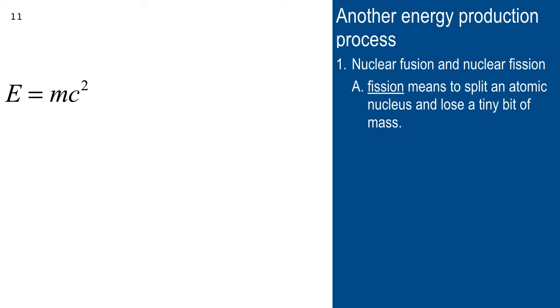So nuclear fission means you split an atomic nucleus like uranium, and when you do that, you break it apart into other pieces, and the mass of all those pieces is slightly less than the original uranium atom and the neutron that broke it apart.